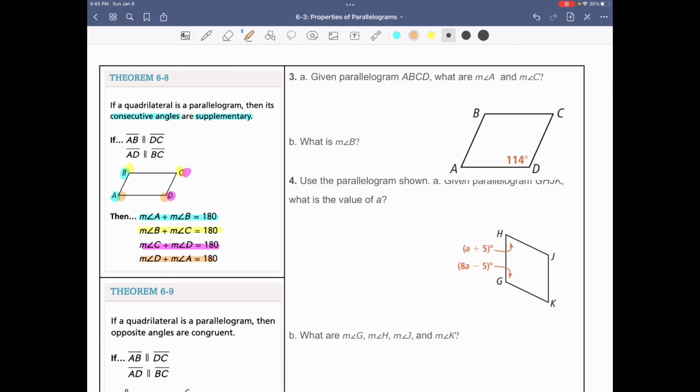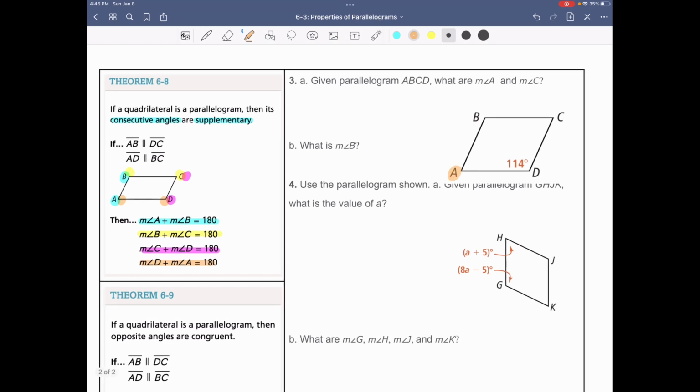Given the parallelogram ABCD, what are the measures of angle A and the measure of angle C? All right. Well, I can say that A and D are supplementary, which means that this angle A must add up to 180 when we add 114.